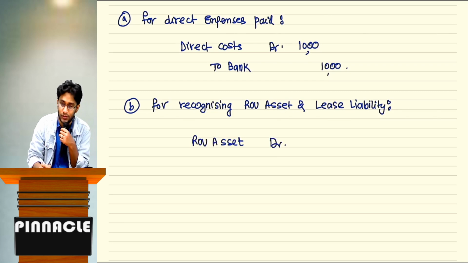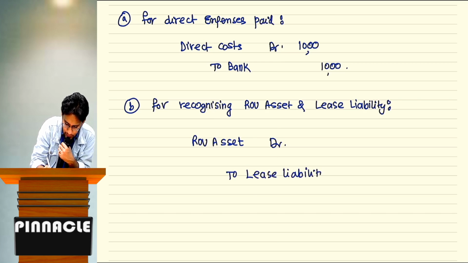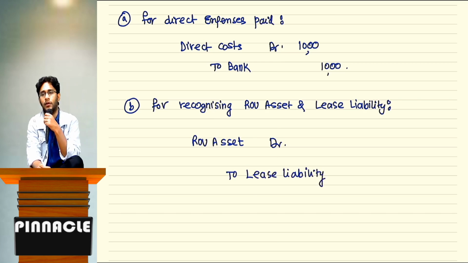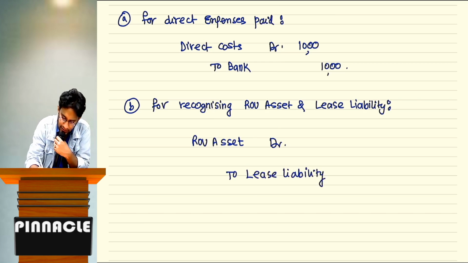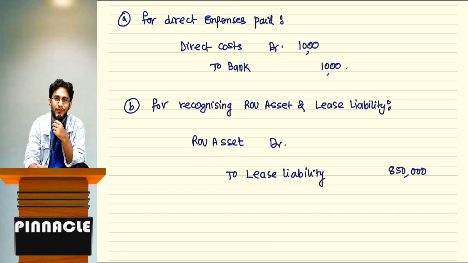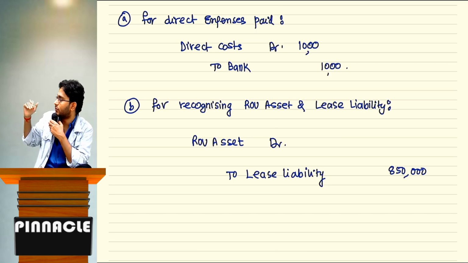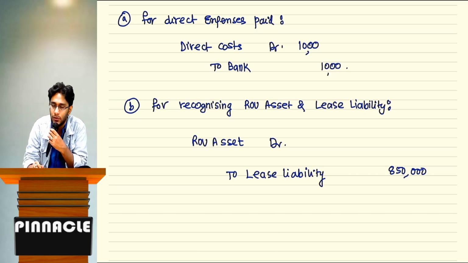ROU asset account debit. Don't write any amount against that, leave one line. Now write 2, lease liability. If lease liability is the present value of lease payments, the amount given to you is 8,50,000. Correspondingly you have to debit it to ROU asset.